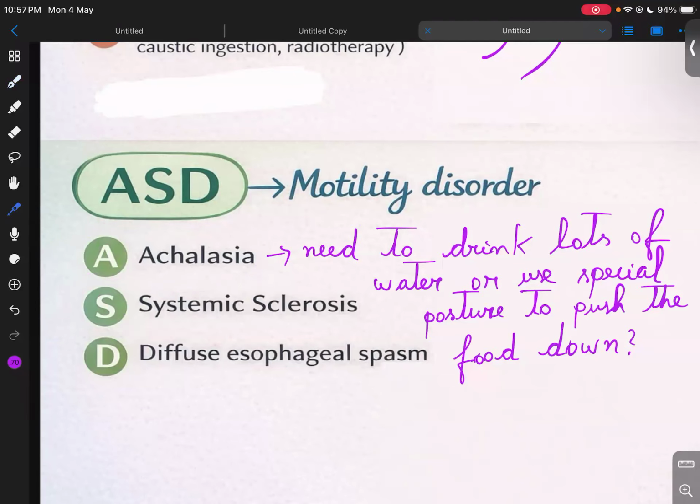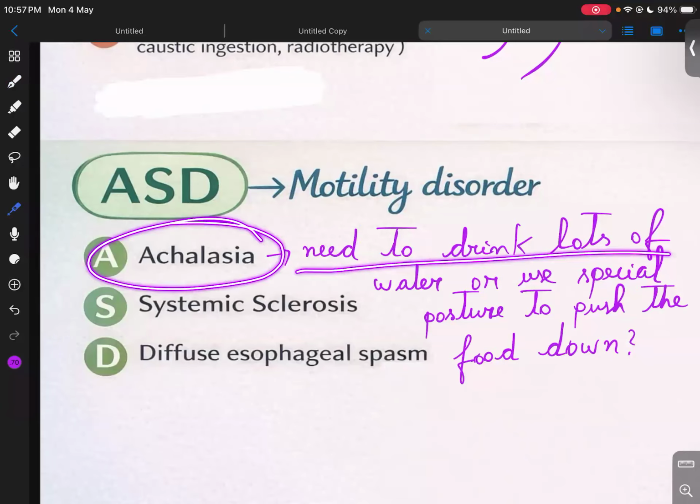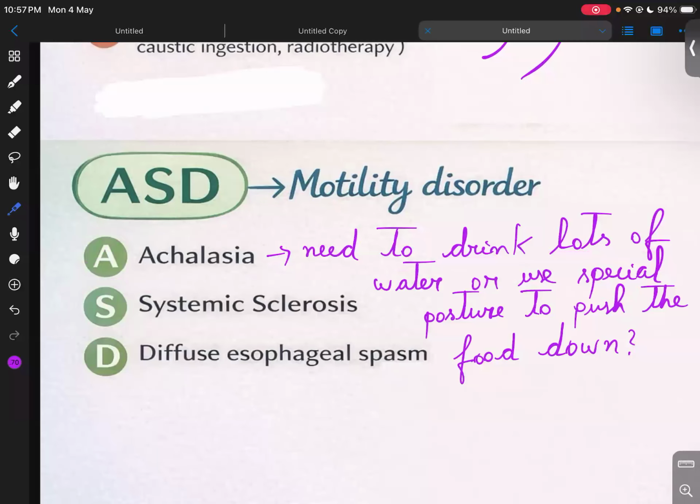But I think this would be the more suitable question, because what happens in achalasia, the lower esophagus loses its peristalsis. So the patient has to drink a lot of water, and they have to keep upright to help in the swallowing. So you can just ask, do you need to drink lots of water, or use specific posture to push the food down?